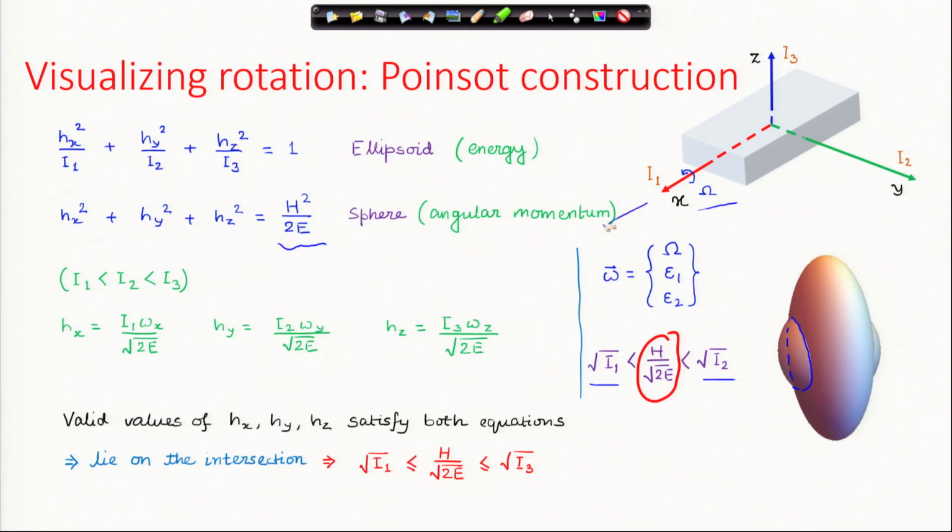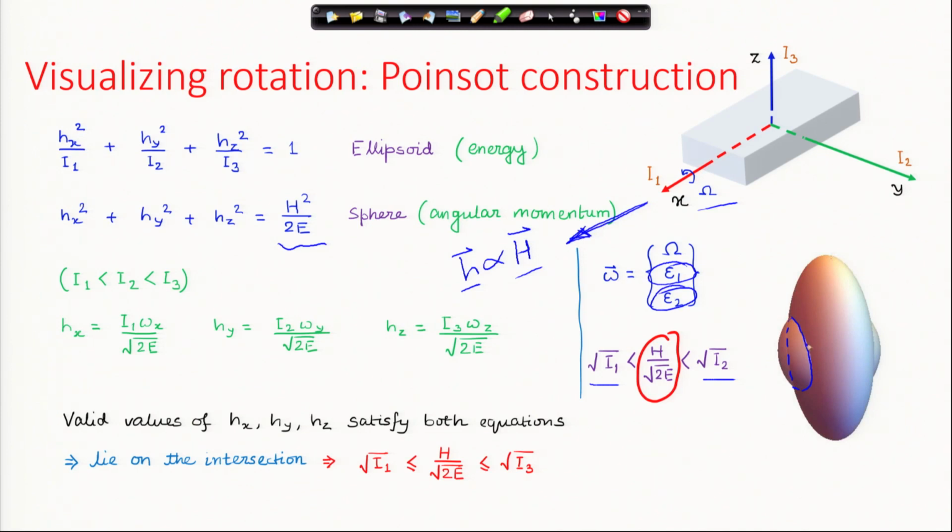Remember that the moment of inertia is in this direction. Our lowercase h vector and the angular momentum vector, they are roughly pointing in this direction. These are small quantities. Roughly the angular momentum points in this direction to begin with, at the very start.